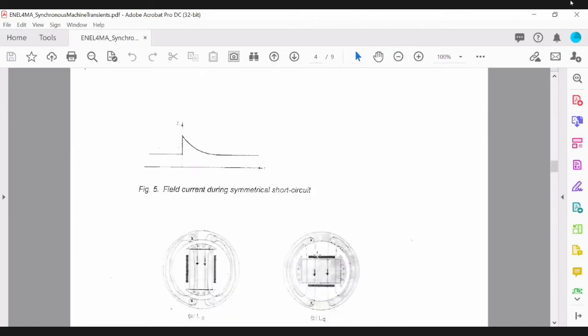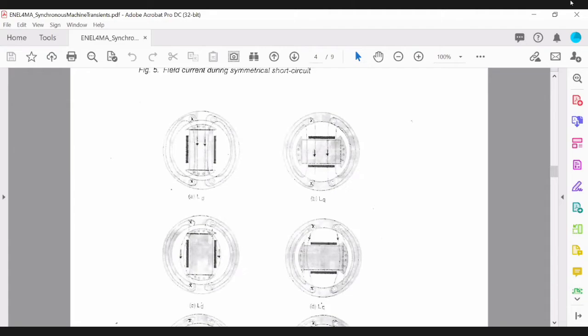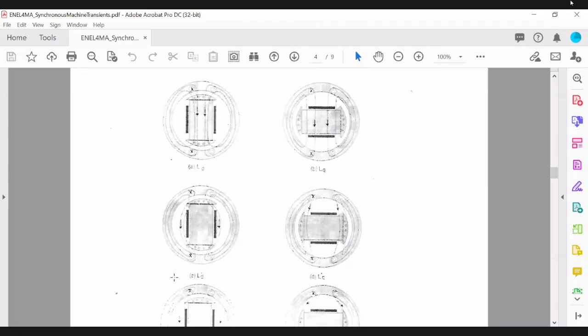So this behavior of your field current determines why your flux lines are either passing through the rotor circuit, or, as you can see during the transient period, just passing slightly through the pole shoes and going out.